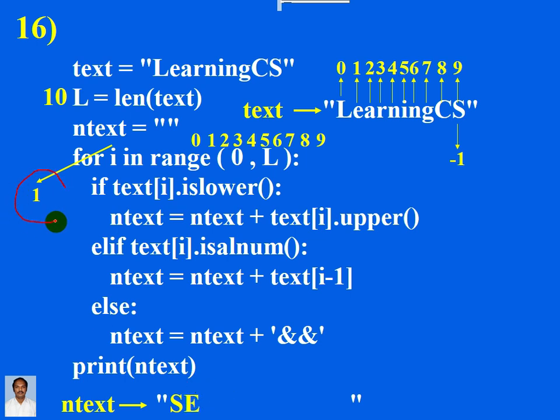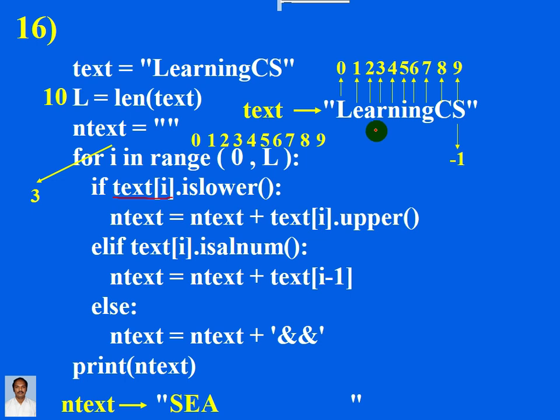I takes the next integer in the range, 2. Text of 2, small a. Small a dot is lower. True. So this will be executed. N text concatenated with small a dot upper. So here you get capital A, that is assigned to N text. So here one capital A comes. I takes the next integer in the range, 3.